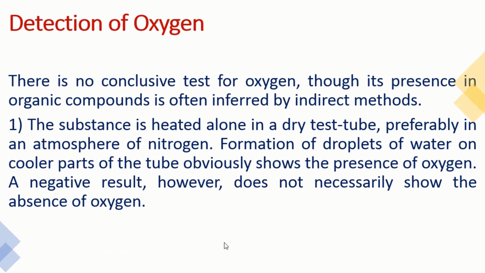We know that an organic compound may also contain oxygen. There are three different ways for the detection of oxygen, but we have no direct method, only indirect methods. Number one, if the substance is heated in a dry test tube, preferably in an inert atmosphere of nitrogen, the formation of droplets of water on the cooler part of the tube shows the presence of oxygen.